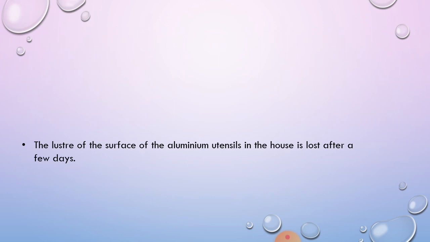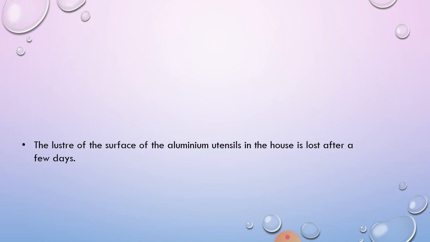Students, you must have seen that the luster of the surface of aluminium utensils in the house is lost after a few days. When we buy aluminium utensils the very first time, there is so much shine on the surface of the utensils. But what happens after a few days?